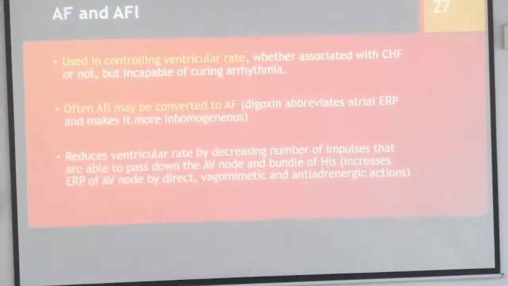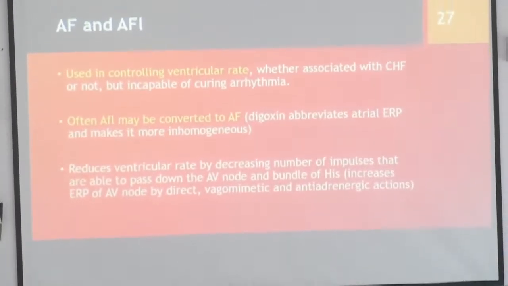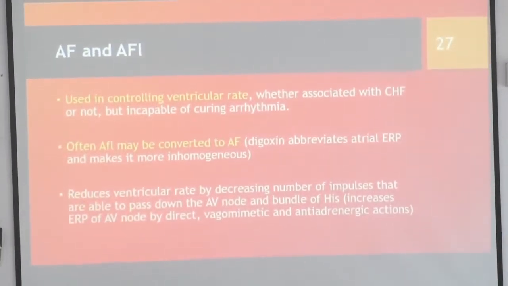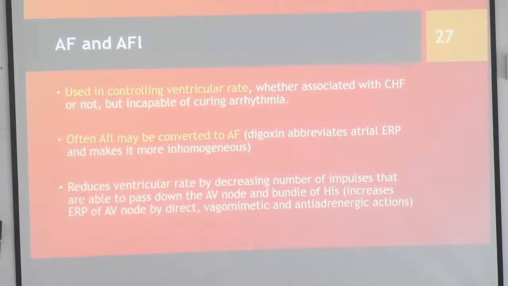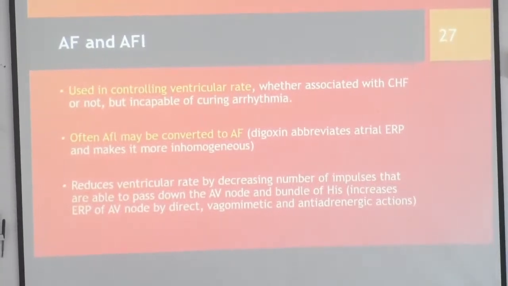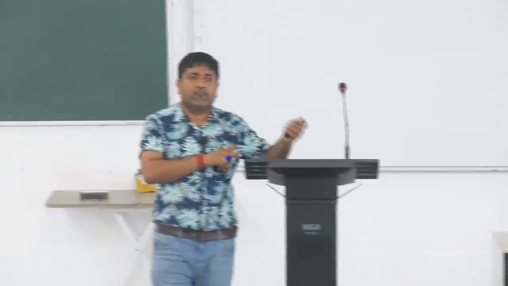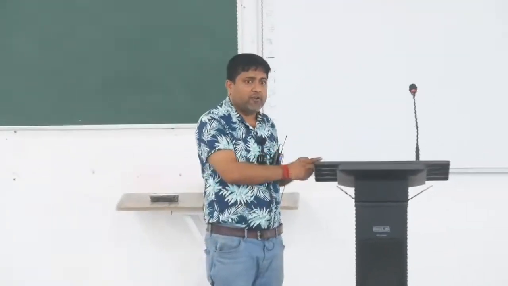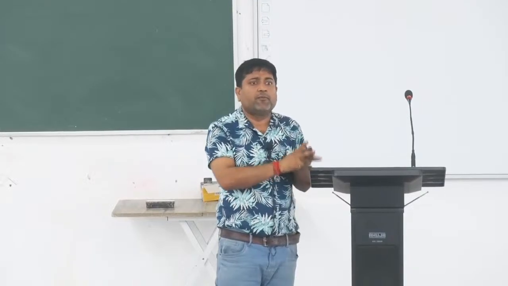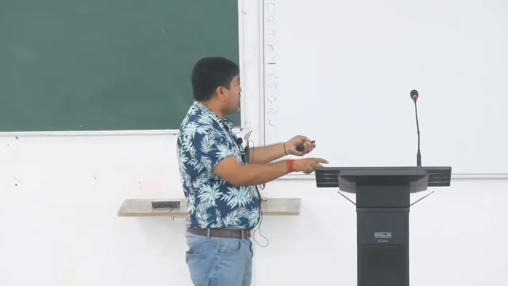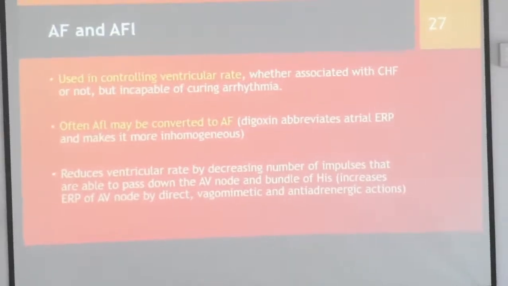This is a welcome sign in treating a patient of atrial flutter, because ventricular rate can be controlled more easily in atrial fibrillation than in atrial flutter. So we prefer if a patient gets converted from atrial flutter to atrial fibrillation. So often an atrial flutter patient may be converted to atrial fibrillation.